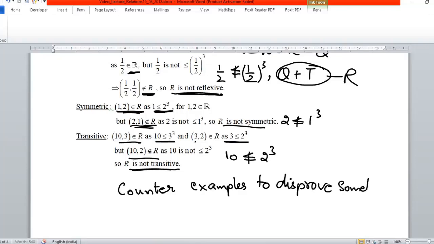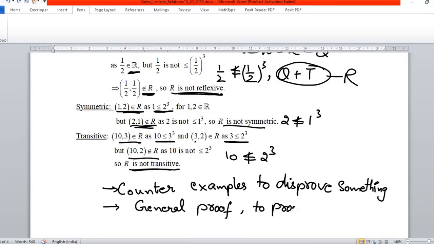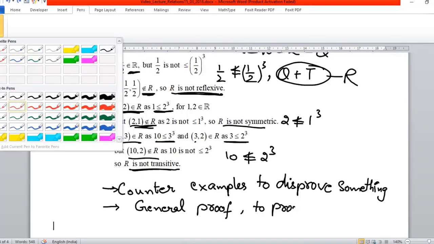And if I want to prove something, I am going to start with the proper definition. So counter examples to disprove something, and a general proof to prove something.